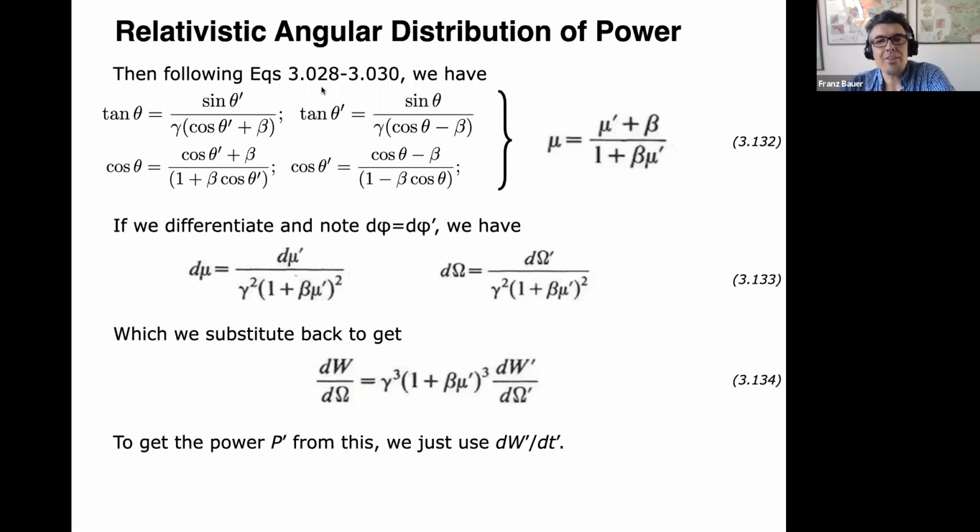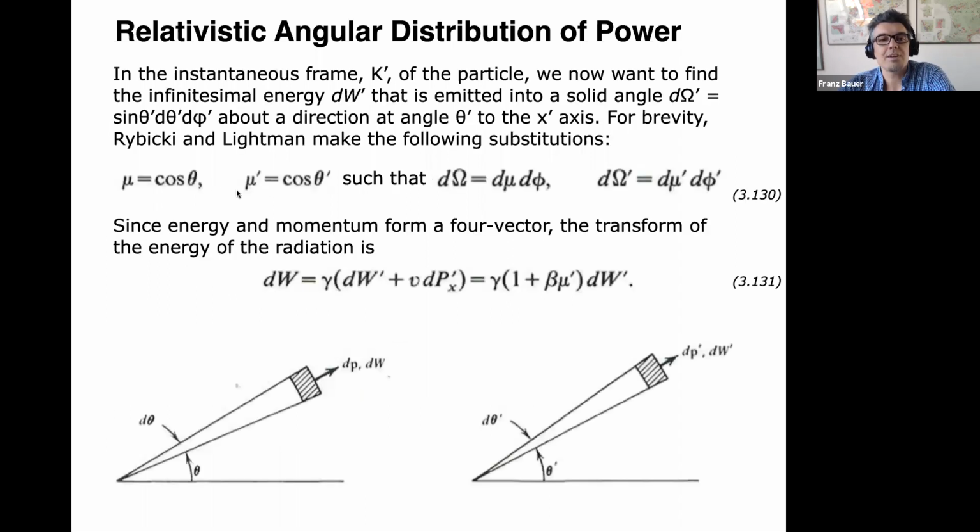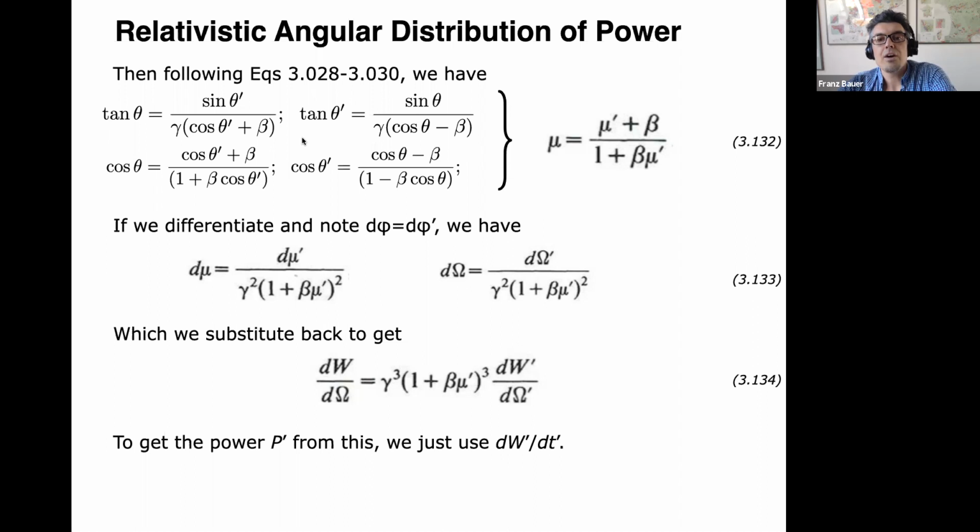And once we do the substitution for here, this thing then transforms like this. There's significant math to go from here to here, but at least it elegantly works out, that you have this nice transformation between angles, which just depends on beta.